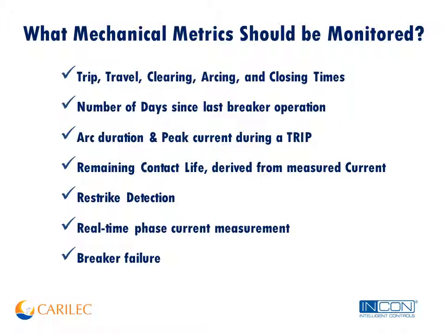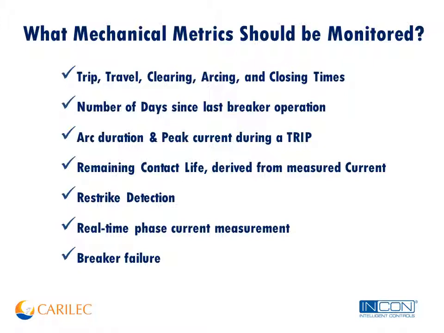We also would like to know the arc duration and peak primary current during a trip. From these things, we can calculate the remaining contact life, and we also look for restrikes, which is important, particularly for a vacuum breaker or any breaker that's controlling an inductor or a capacitor bank.